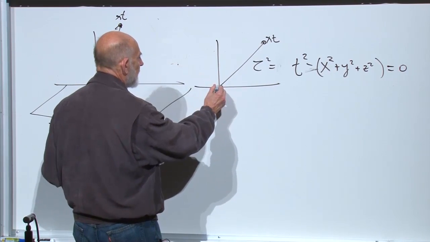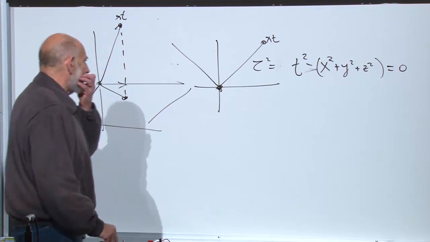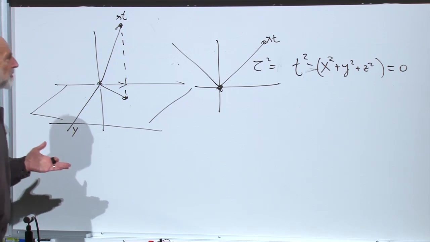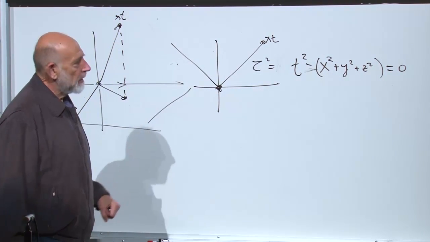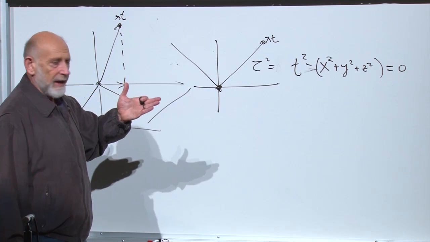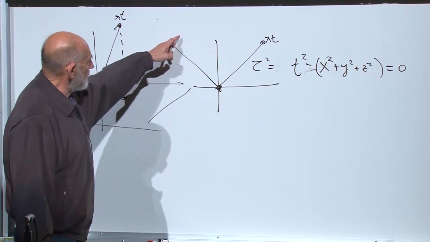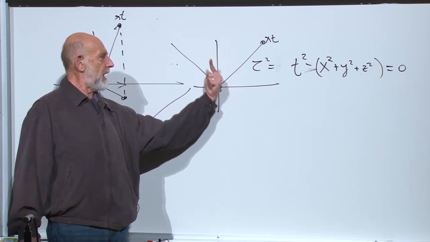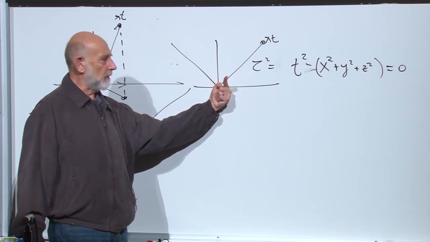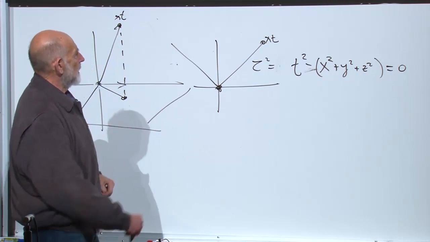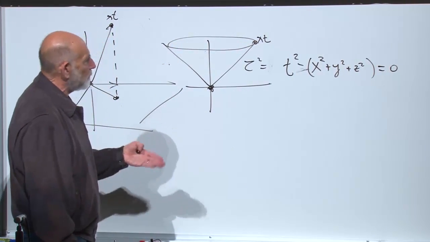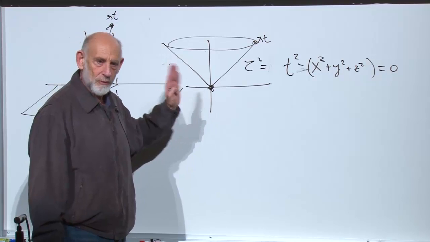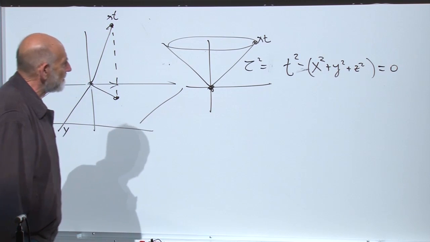A light ray moving to the left moves exactly the same way, except in the backward direction. What about a light ray moving outward? Well, that moves the same way, except at a 45-degree angle in the outward direction. More generally, we would draw a kind of cone. Now, I can't draw the full 3 dimensions plus time. That's too many dimensions for me to draw on the blackboard.